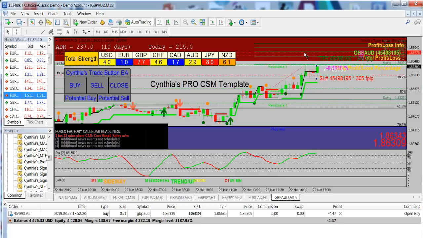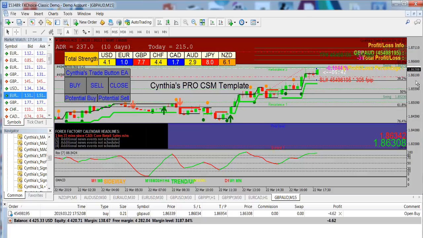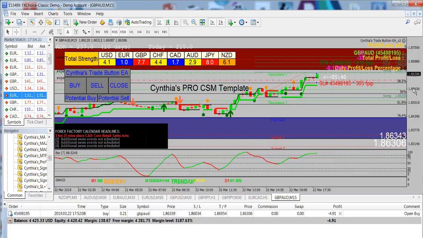I can always draw this reward line up higher to increase the risk to reward. Now it's 1-to-2. The risk is 30 pips and the reward is 61 pips.